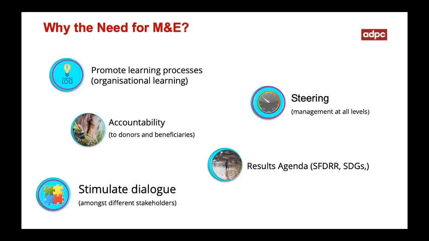For this training, you are different individuals coming from different organizations, but in essence, the risk communication plan is implemented by individuals of an organization or organizations. So it facilitates learning as well. It helps in steering, accountability, mentioned already, and it's linked to other results agenda.